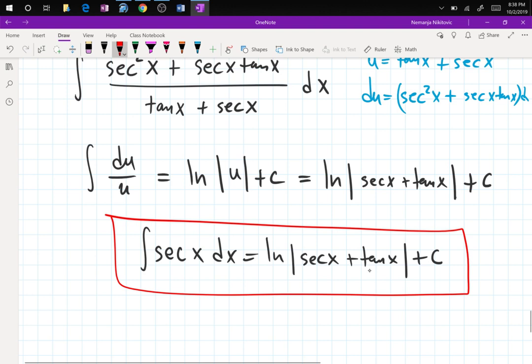So this is what 7.3 looks like. And you really have to study the sine cosine pair and then the secant tangent pair. What is happening with the cosecant cotangent pair? Well, it's the same as secant tangent, just has minus signs everywhere, right?